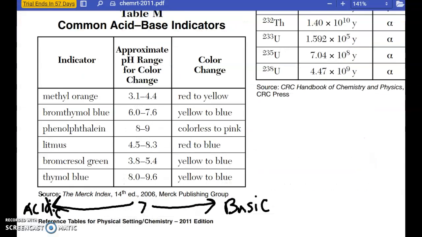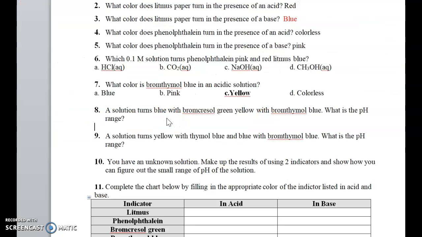If it's yellow, then it's under a pH of 6. So we have under a pH of 6 and over a pH of 5.4. That means we are going to be between 5.5 and 5.9. Notice how you can use two different indicators to really hone in on what the pH is. Kind of like some fun problem solving. So we said 5.5 to 5.9.